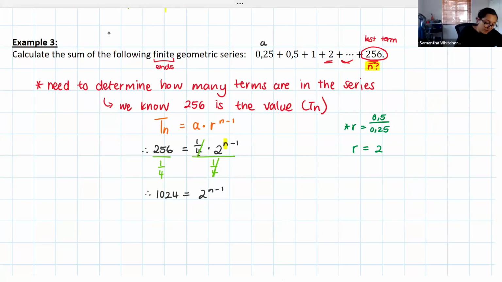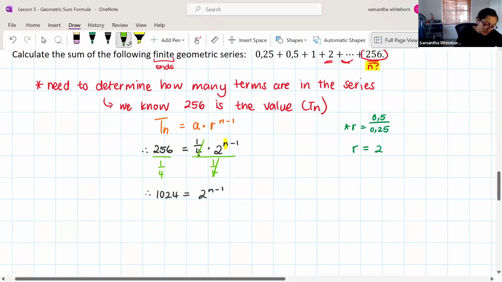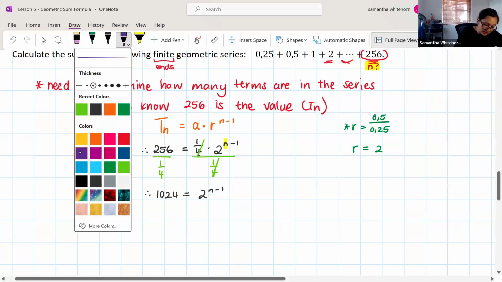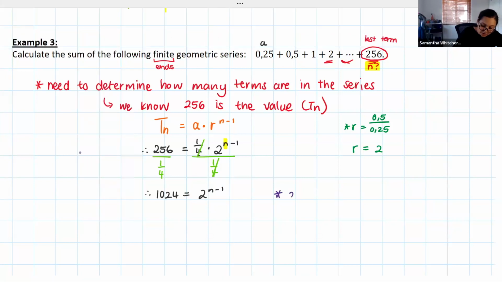And now remember, we spoke about this when we did geometric sequences earlier. When you're solving an exponential equation, what your goal should be is to make your bases the same. We want to make our bases the same.